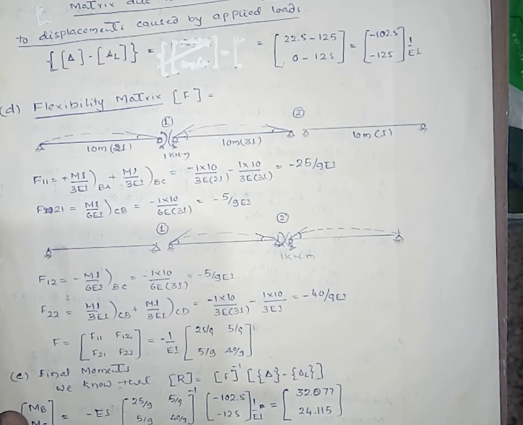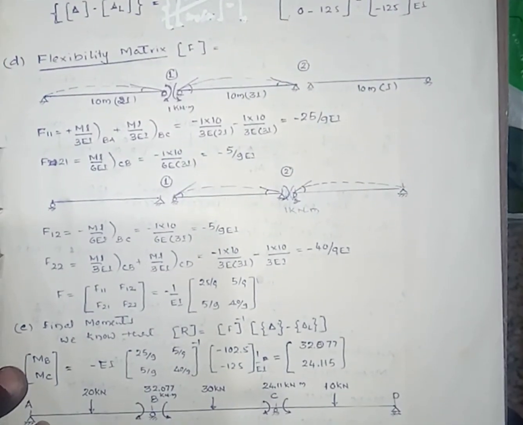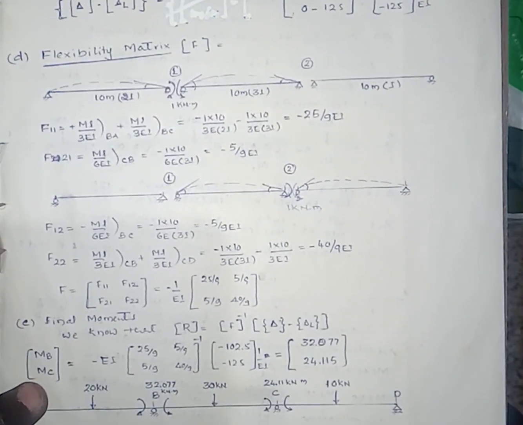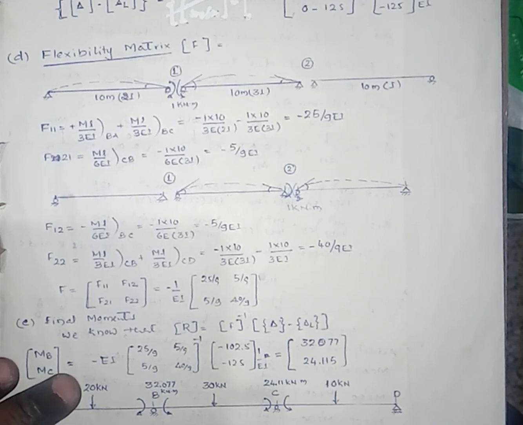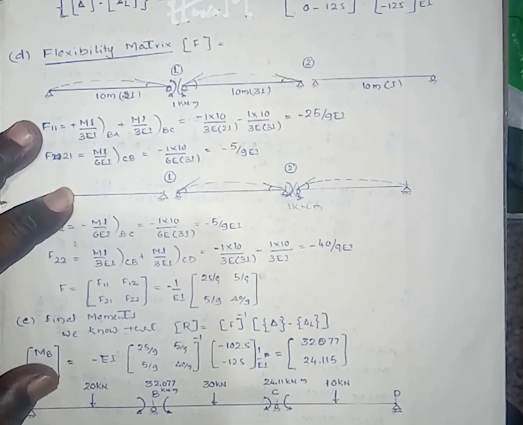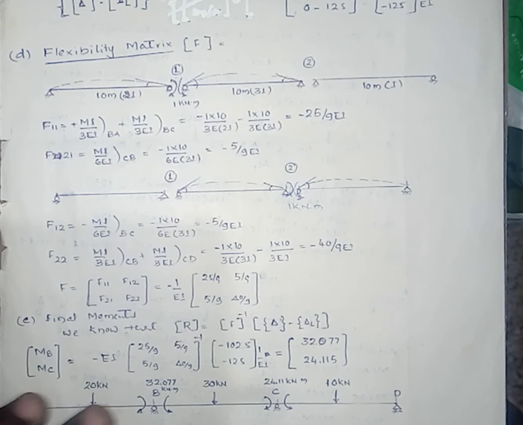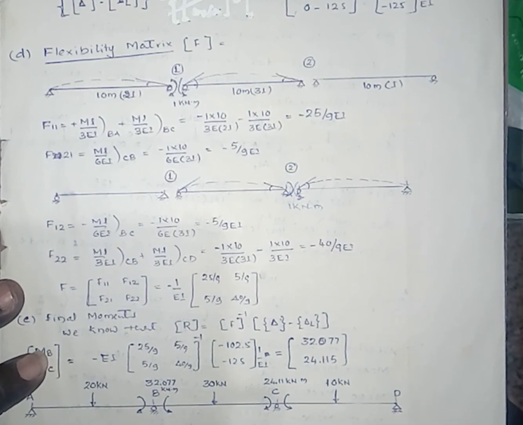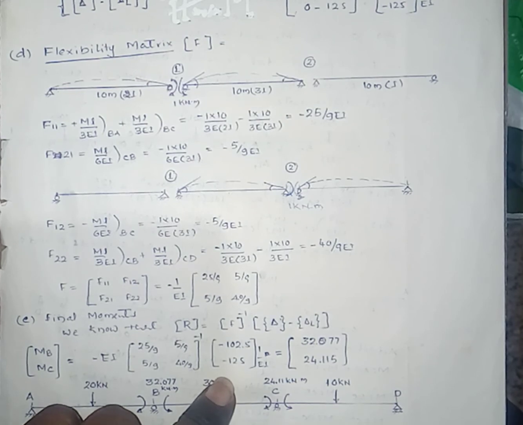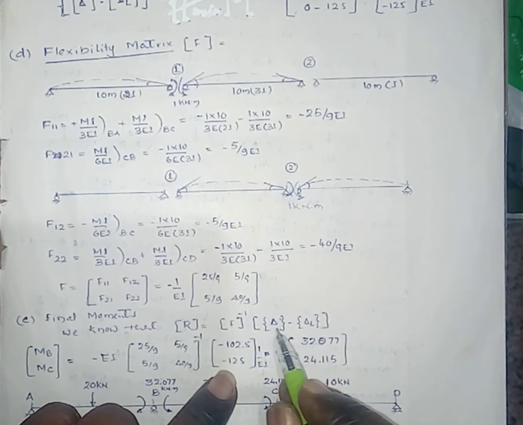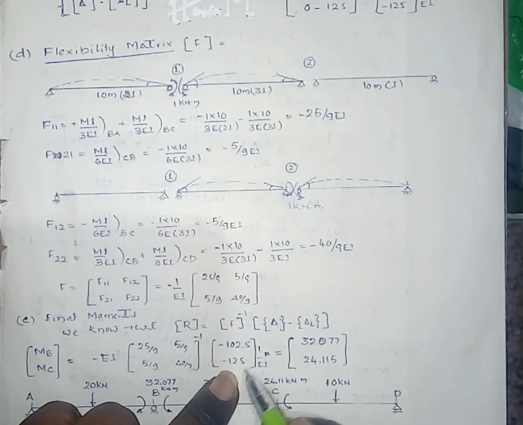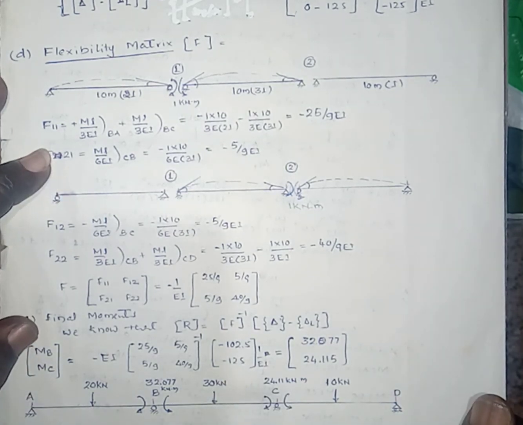Here the redundants we have considered are MB and MC, the elements of redundant matrix, that is MB and MC, that equals inverse of minus 1 over EI is minus EI, inverse of flexibility matrix, that is 25 by 9, 5 by 9, 5 by 9, 40 by 9 into the net displacement matrix, that is already we have got, that is minus 102.5, minus 125. 1 over EI gets cancelled. After simplification, you will get the value of MB and MC.